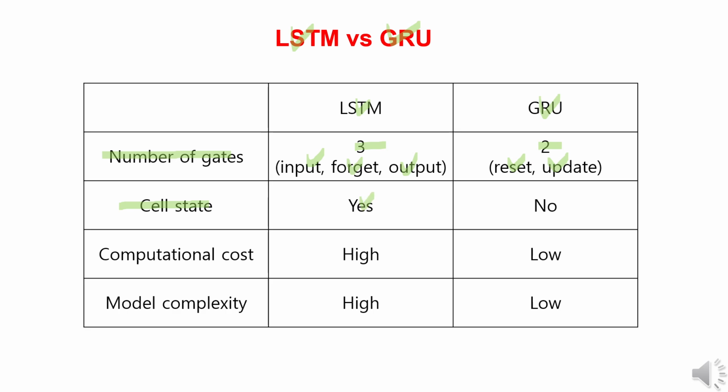On the other hand, GRU doesn't have a separate cell state and relies on just a single hidden state. Because of this, LSTM generally has more parameters, requires more computation, and has a more complex structure. In comparison, GRU has a simpler architecture with fewer parameters, which reduces computational cost and often leads to faster training.